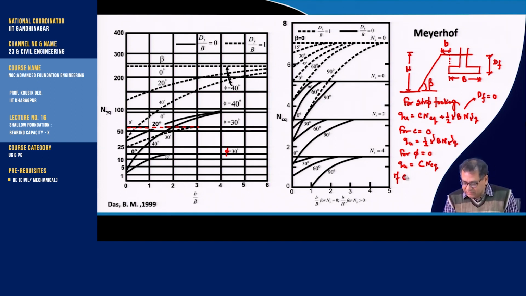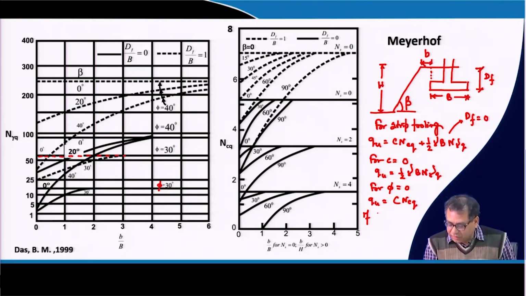Now, for this phi equal to 0 case, if B, the width of the footing, is less than H, then you use Ns equal to 0. Okay?